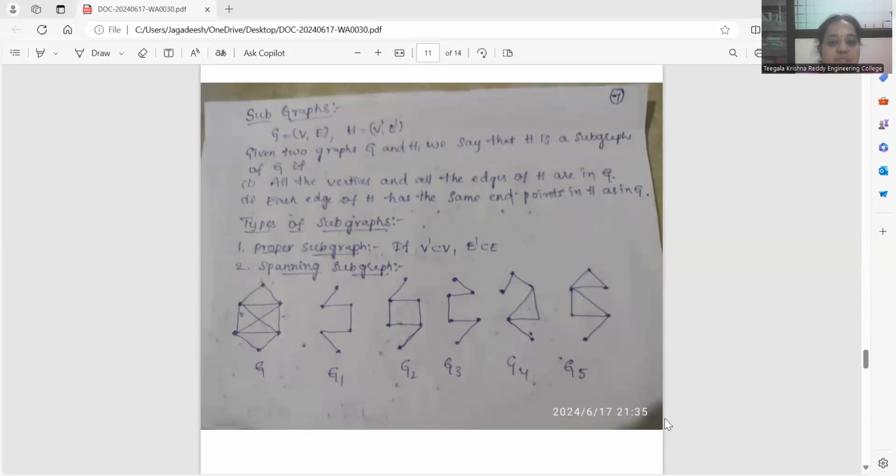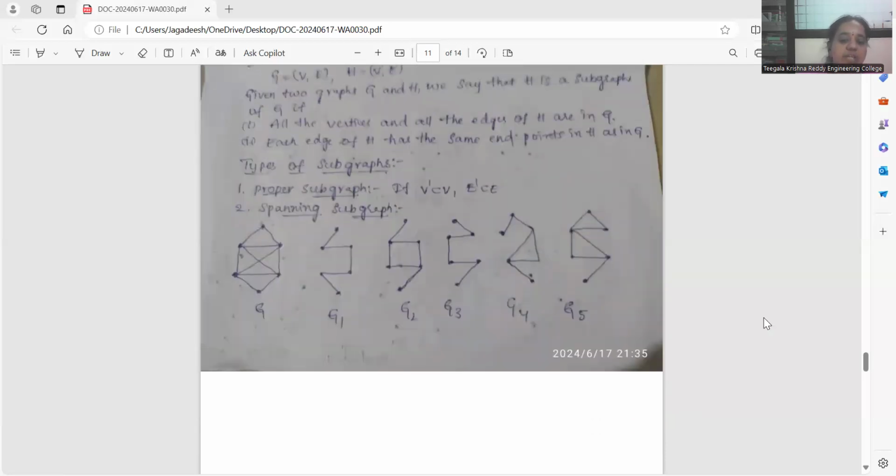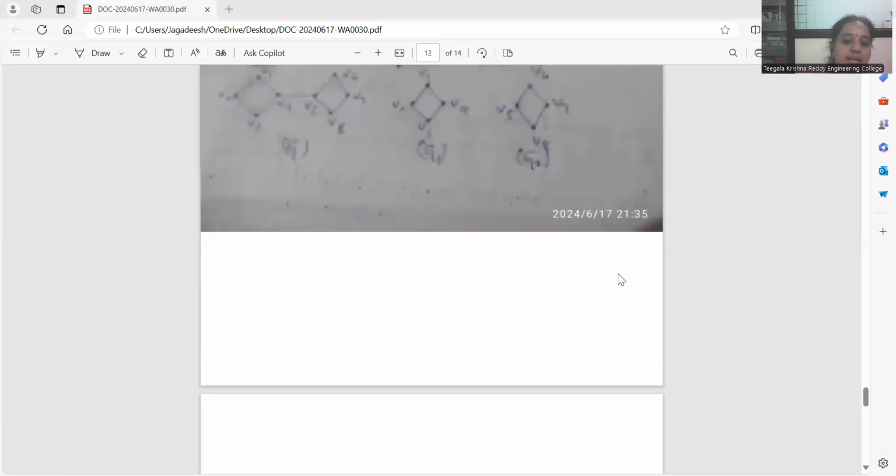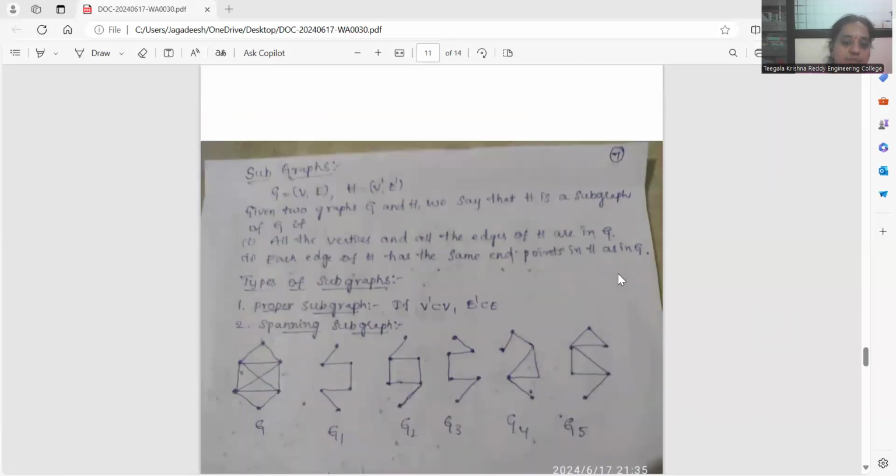Now we have some types of subgraphs here. Given two graphs G and H, we say that H is a subgraph of G if all vertices and all edges of H are in G, and each edge has the same endpoints in H as in G. Here in the types of subgraphs we have mainly 4: the proper subgraph, spanning subgraph, edge disjoint subgraph, and vertex disjoint subgraph.